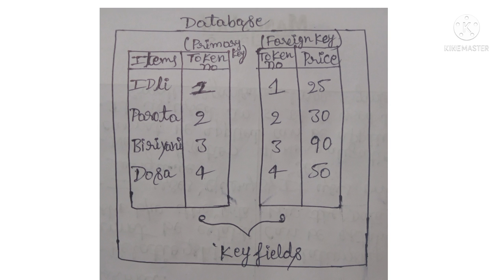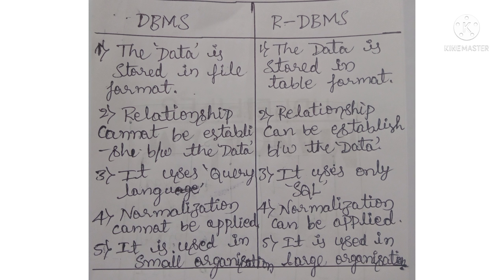Let us know the difference between DBMS and R-DBMS. In DBMS, the data is stored in file format. In R-DBMS, the data is stored in table format. The relationship cannot be established between the data in DBMS. A relationship can be established between the data in R-DBMS.